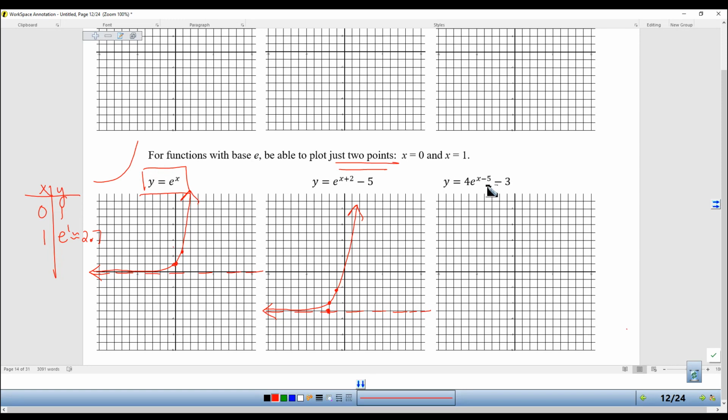On this one, I'm going to make my new origin to the right 5 and down 3. There's my new origin, which means this is going to be my asymptote. And I do see a 4 in front, so now I'm going to multiply this by 4. Okay, so now we got 2.7 times 4. You don't have to be exact here, somewhere around 11. So at 0, it's already up 1, 2, 3, 4.